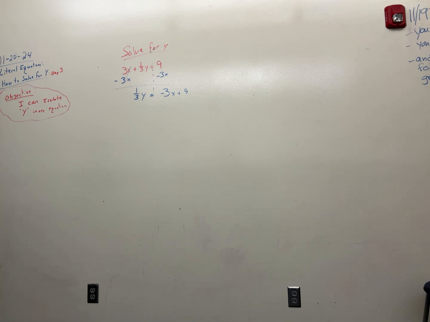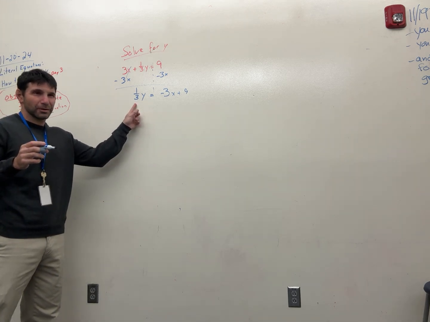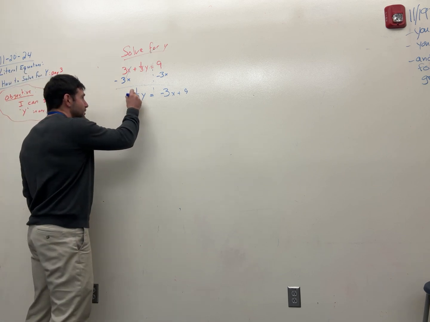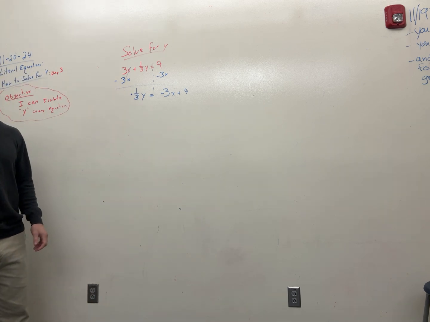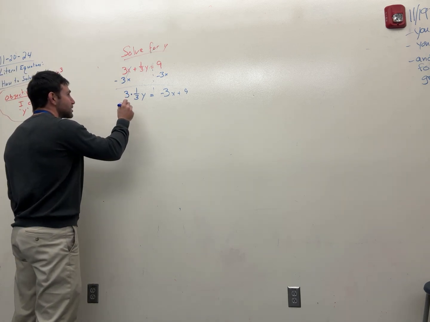Remember, it has to be keep, change, flip. If I divide by 1/3, that doesn't work. So I have to keep, change, and flip. So I'm multiplying both sides by 3, the reciprocal. Very good. The 3/1 or just 3.